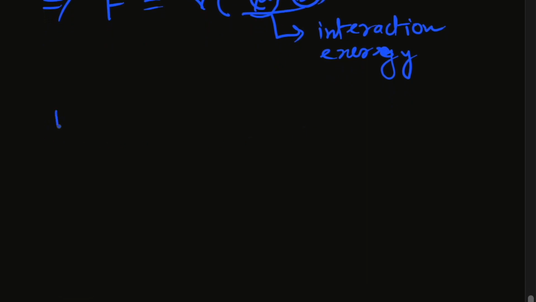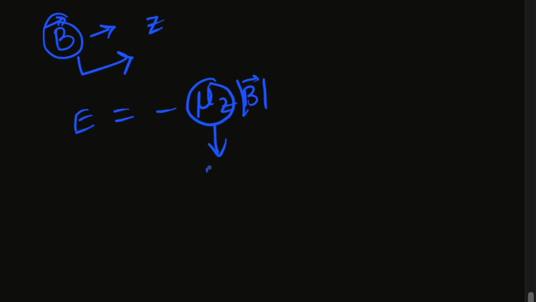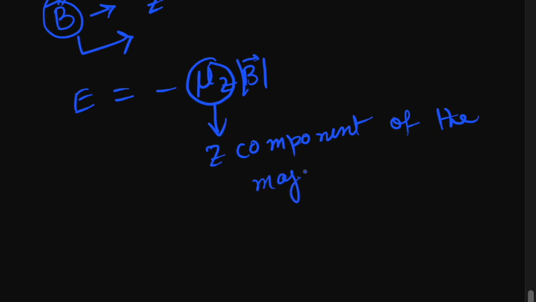Now suppose that B is in the direction of Z. Then the interaction energy E will be minus mu Z B. Now mu Z will be the Z component of the magnetic moment of the Ag atom.